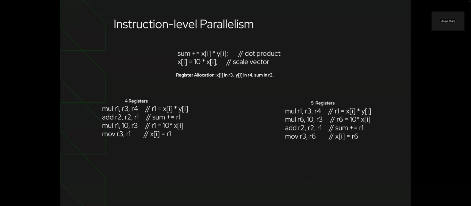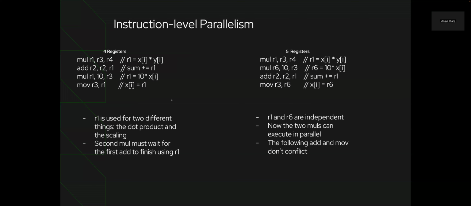If the register allocation is that R3 holds xi, R4 holds yi, and the sum is in R2, and we only have 4 registers, then you see that we're using R1 for 2 different operations, both for the dot product and also the scaling.